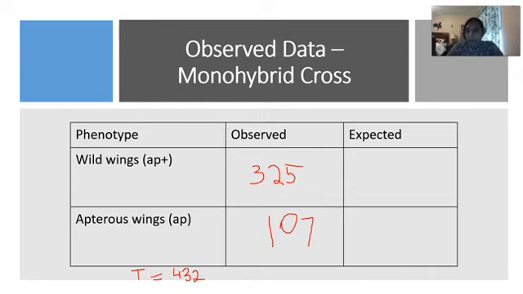Now, if we were observing 432 total flies, Mendelian genetics would expect us to get a 3-to-1 ratio, which means that for matching Mendelian ratios we would have expected to see 108 apterous flies, which are the recessive, and we would have expected to see 324 wild type.